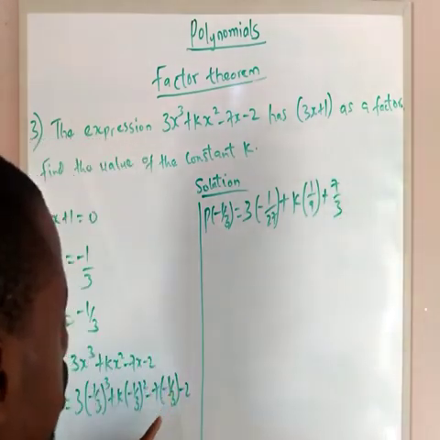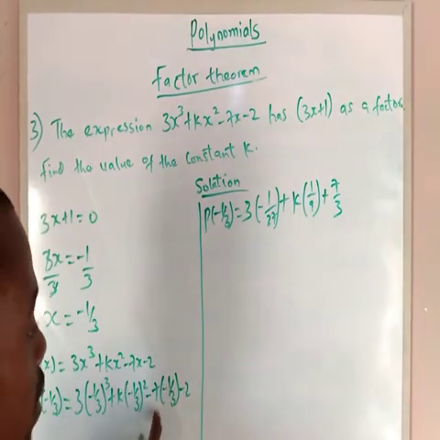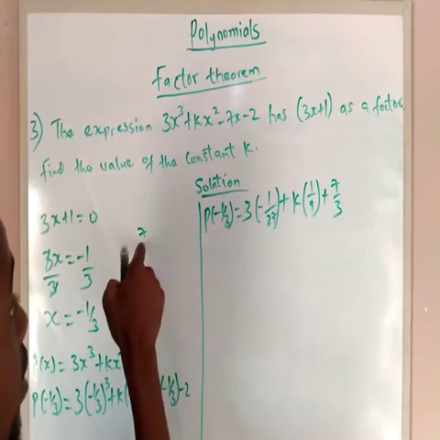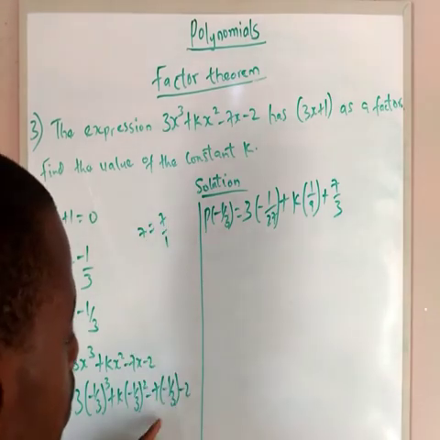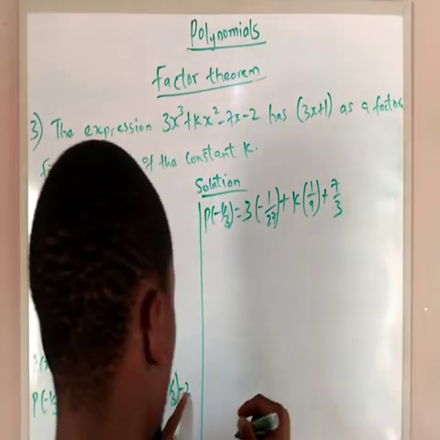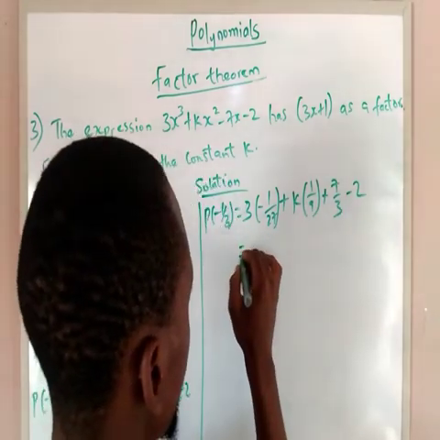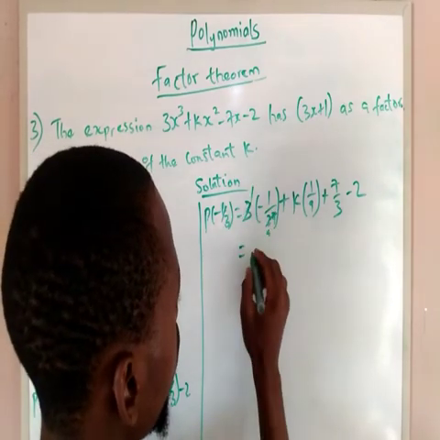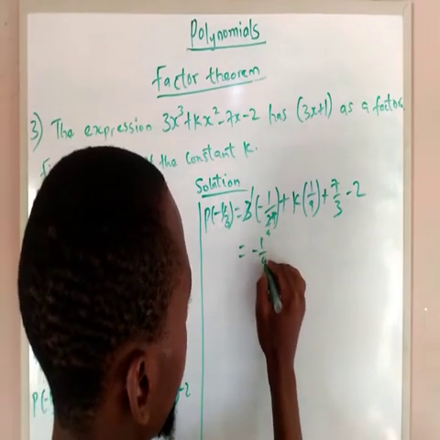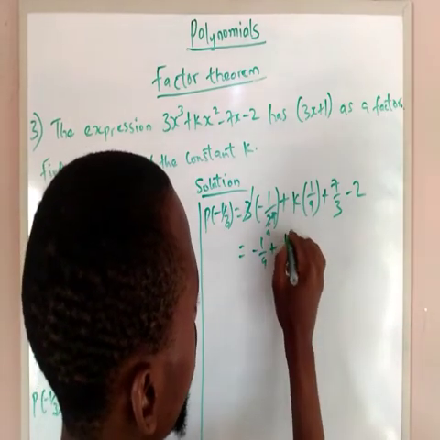Denominator multiplies denominator. 7 is the same thing as 7 over 1, so 1 multiplied by 3 will still give us 3. And here we have minus 2. So 3 here 1, 3 here 9. So we have minus 1 over 9 plus k times 1 over 9, that will give us k over 9.